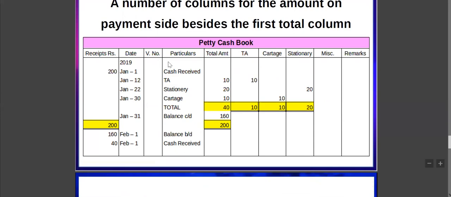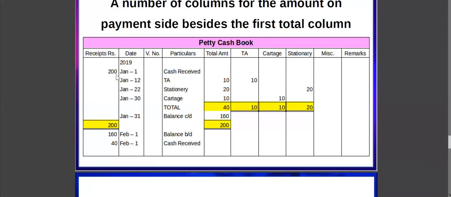Date, voucher, particulars, total, TA, cartage, stationery, miscellaneous, remarks. Around 10 to 15 columns we can add here. See the receipts; the receipt side is the advance.